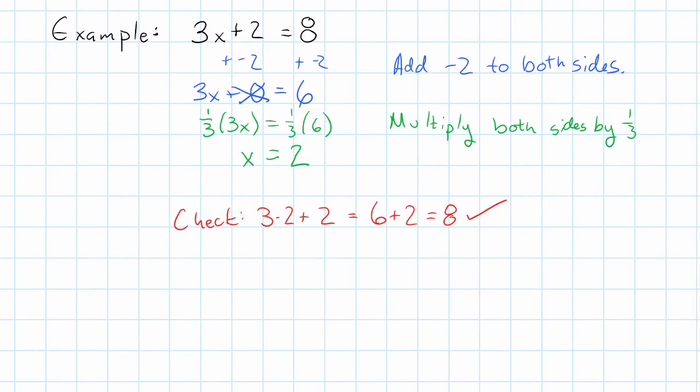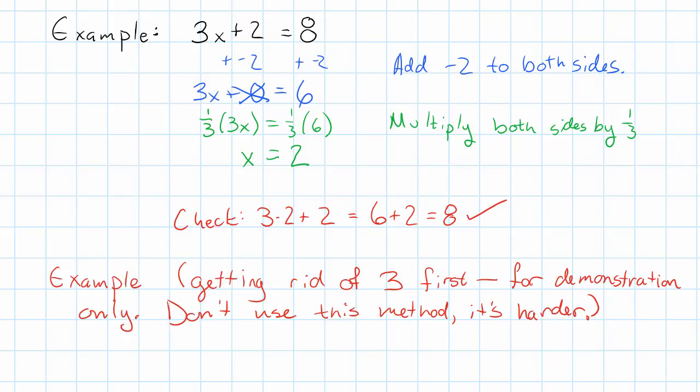So that's what happens if I get rid of the 2 first, right? I'm going to show you this example of getting rid of 3 first for demonstration purposes only. Don't use this method unless you have a really good reason to, because in general it's much harder. But let's see what happens.